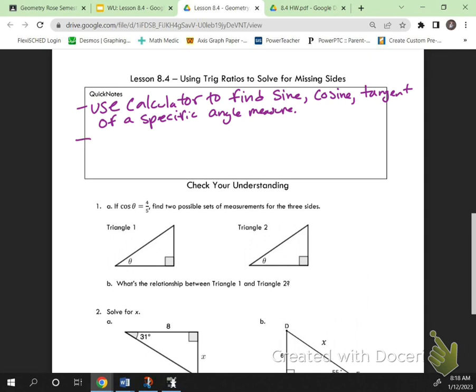Two more things we did today. I don't think we actually did it, but we talked about if I know two sides, I can use Pythagorean theorem to find a missing side.